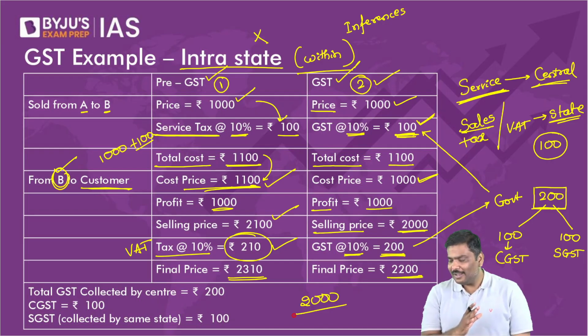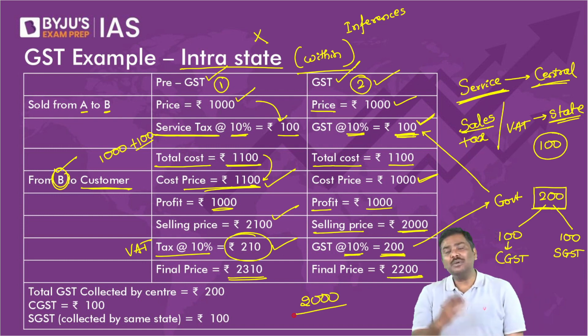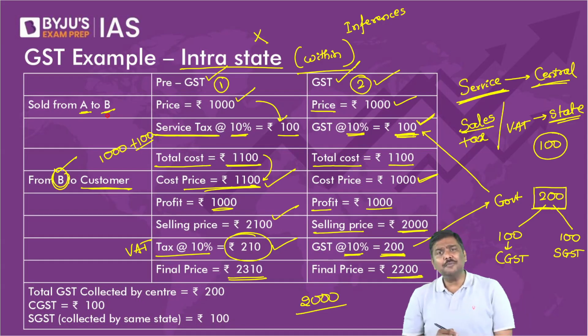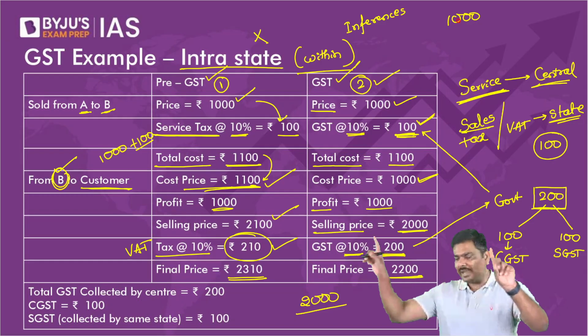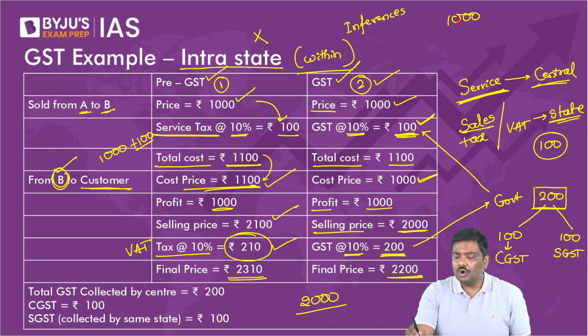Any difficulty here? Step 1, when A will sell to B, how much is the value addition? 1000 rupee. Anybody has a problem with this? Let me know. Step 2, how much is the value addition?